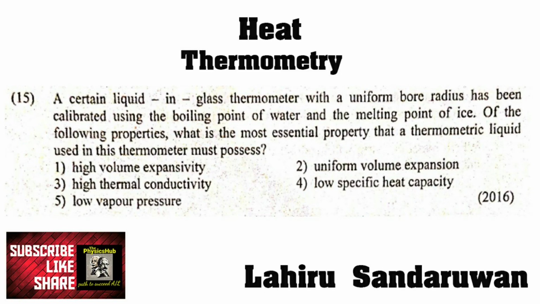A certain liquid in gas thermometer with a uniform bore radius has been calibrated using the boiling point of water and melting point of ice. Of the following properties, what is the most essential property that the thermometer liquid used in thermometer must possess? 1.